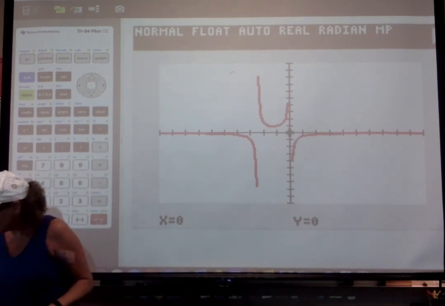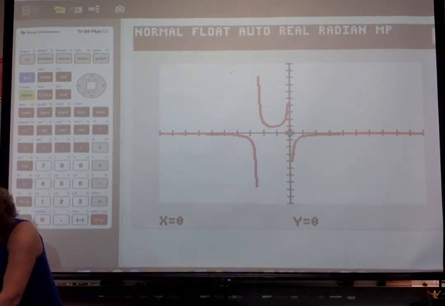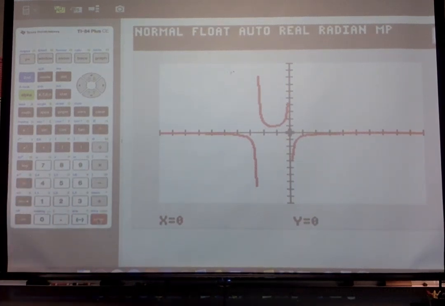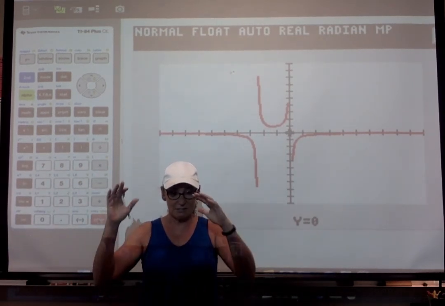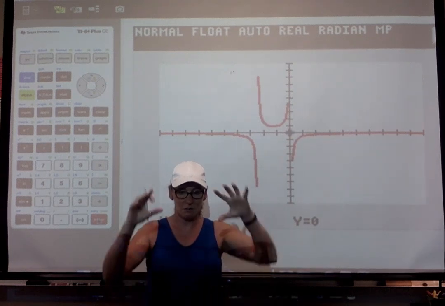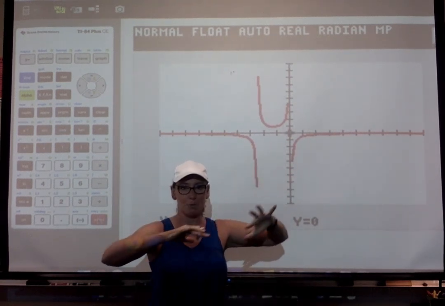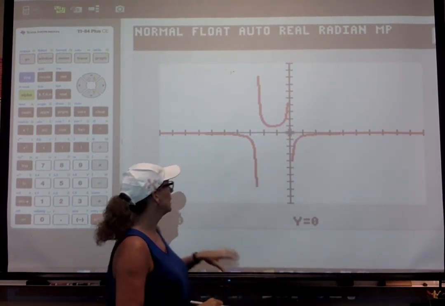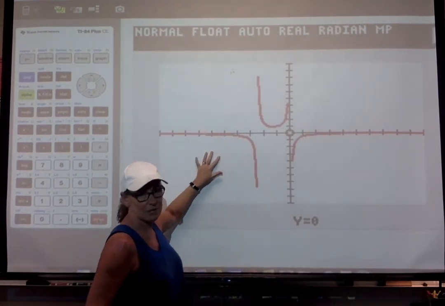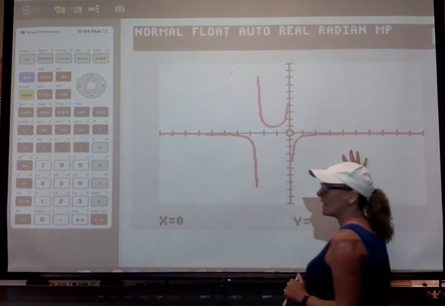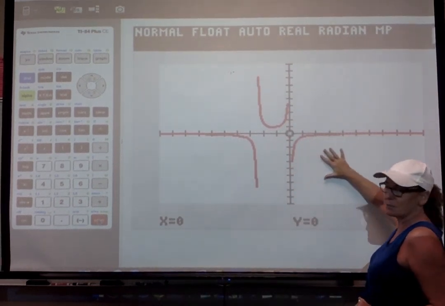So, basically, on your paper, you've got 6 portions. Our asymptotes divided our graph into 6 portions. In the bottom left portion, you've got like a boomerang type piece here. In the bottom right portion, you've got a boomerang type piece here.